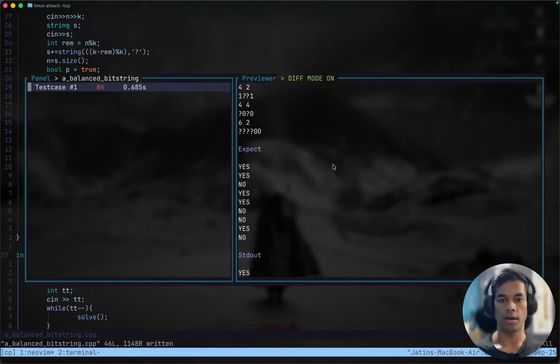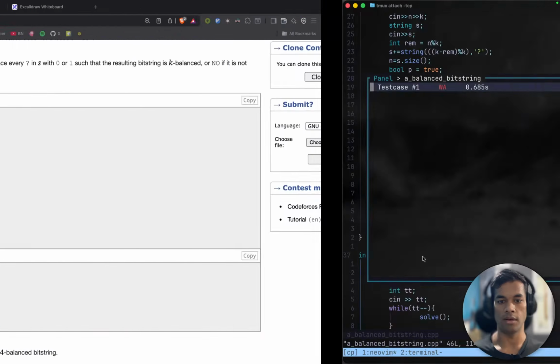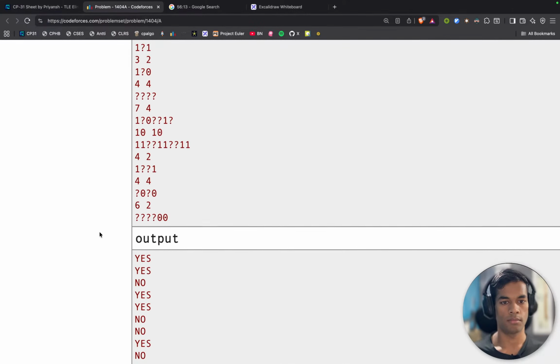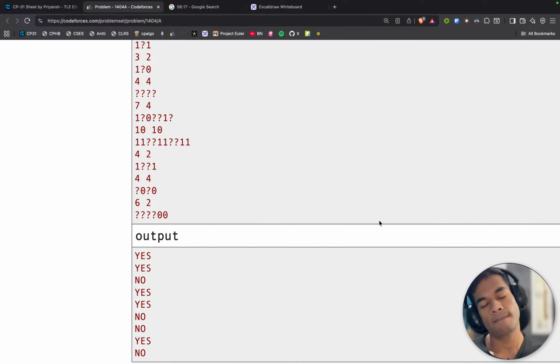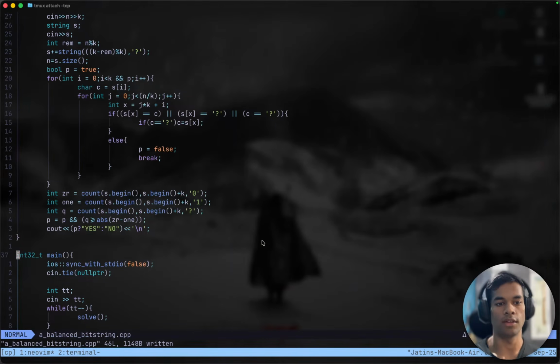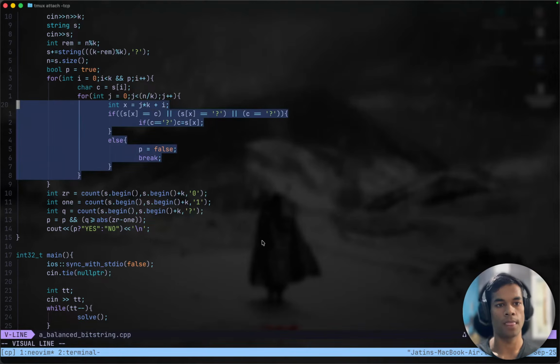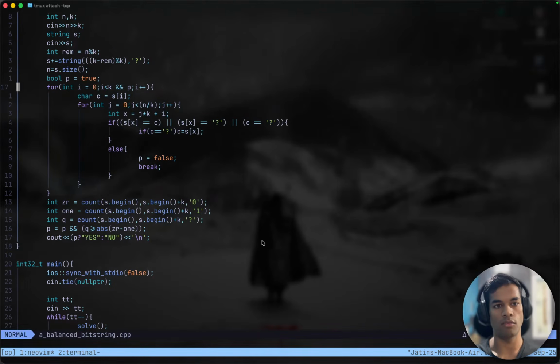Or we get a wrong answer in the second last case. Hmm. We need to change them. Okay, I thought after going through all the strings for character i, we can just go through it.